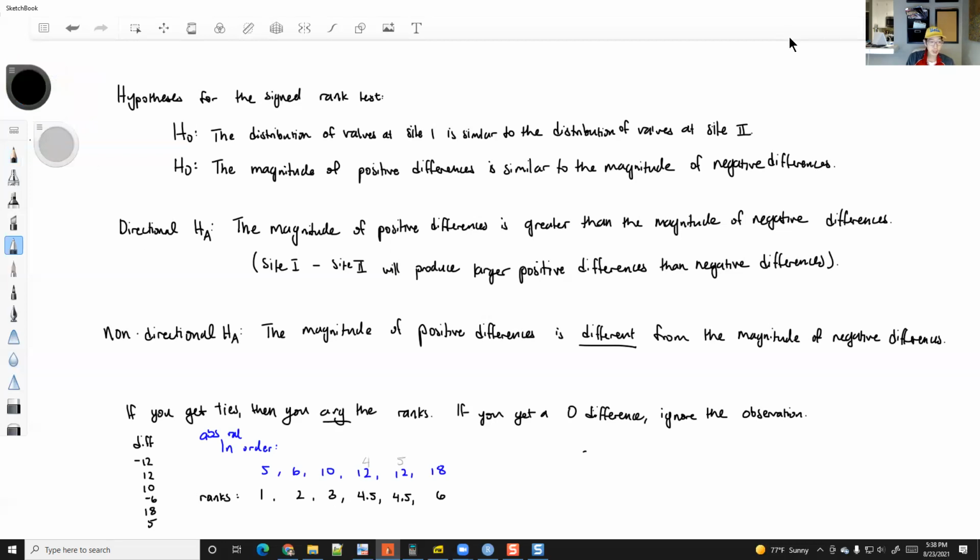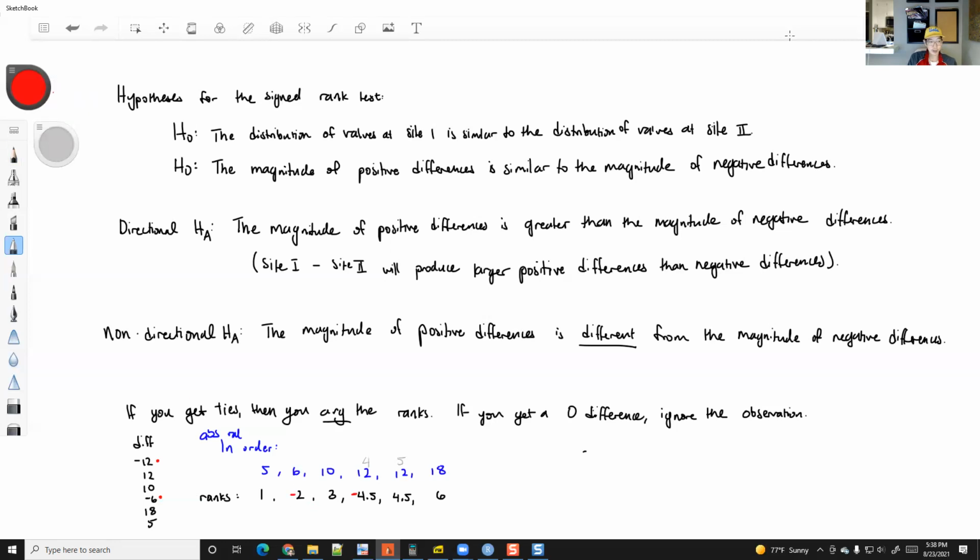All right. And then when you apply the signs, you go back and you say, okay, this one was negative and this one was negative. So to the 12, we will put a negative sign here. And then the 6, we put a negative sign, right?